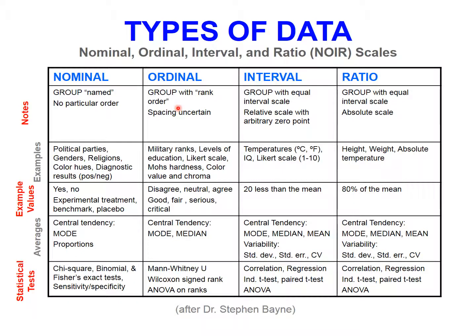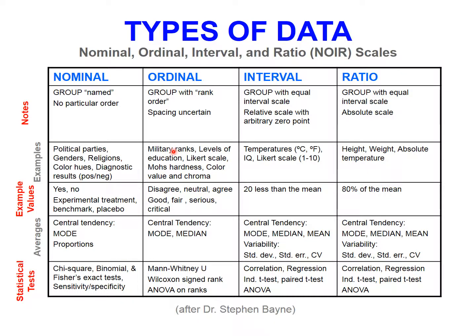For ordinal responses, a better example would be military ranks, where we know a sergeant is higher ranking than a private, but it's hard to quantify that, and we can't really say whether that difference is the same as the difference between a general and a major, or if one is twice the difference of the other one.